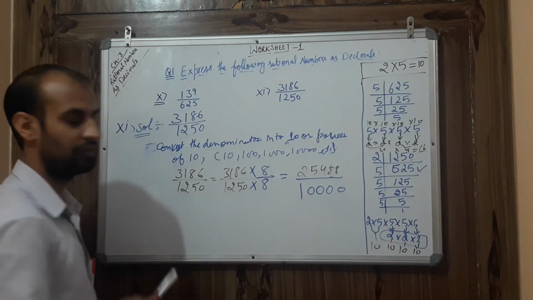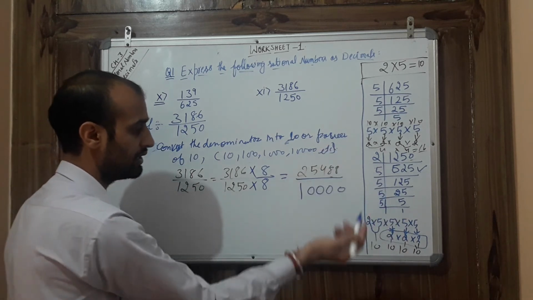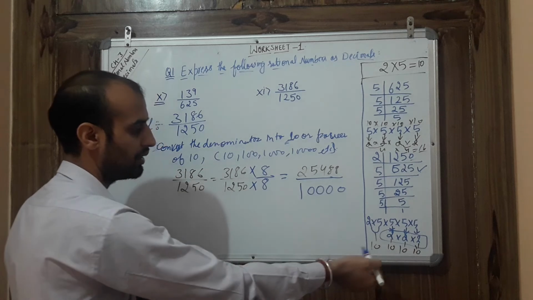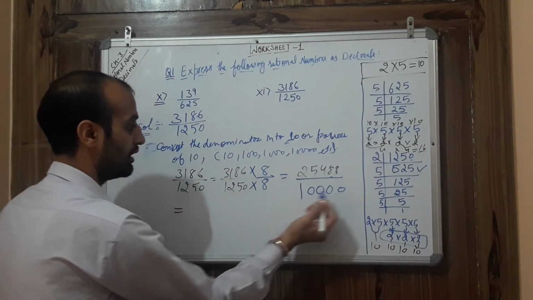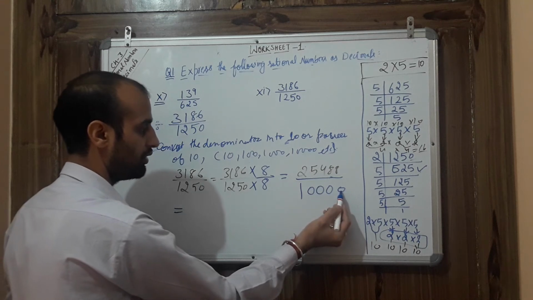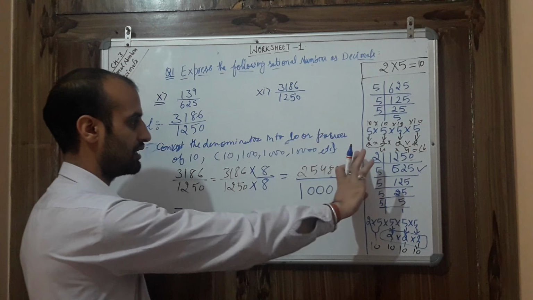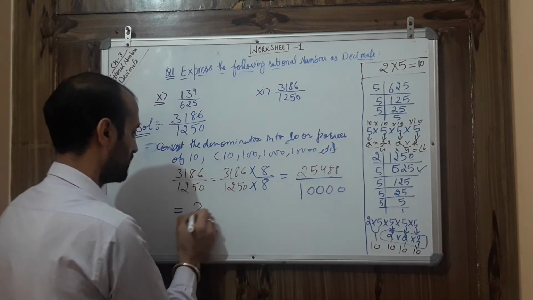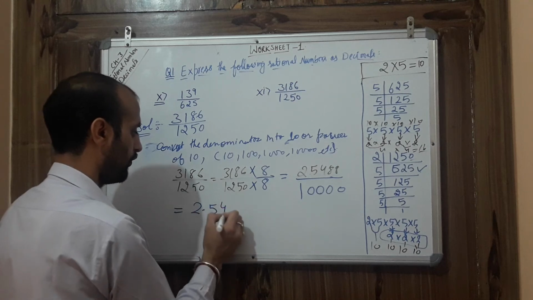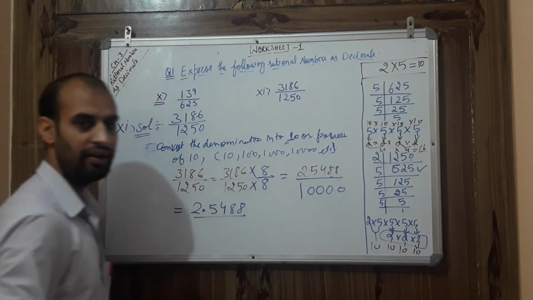Next step is similar. As I told you, first prime factorization, after that make the pairs of 2 and 5, you will get 10, 10, 10. This would be the denominator. Now convert into decimal. Count first how many zeros are in the denominator. 1, 2, 3, 4. That means I need to leave 4 places from this side. So 1, 2, 3, 4. Here would be the decimal. 2.5488. This is the required answer.